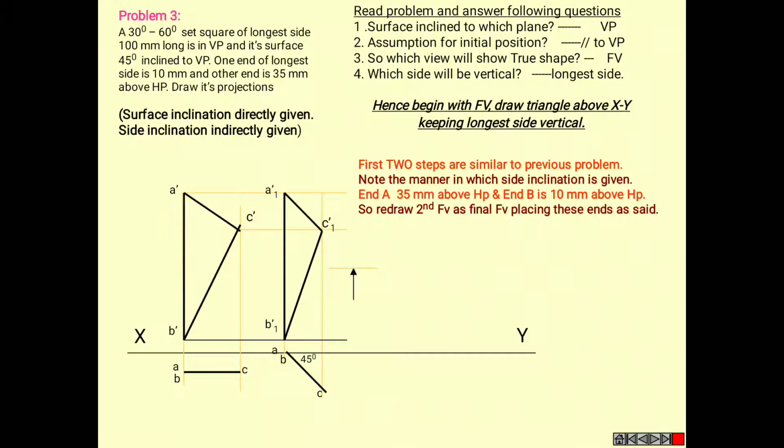So now set A1 dash 35 mm above, and where the end B is 10 mm above. So drawing A1 dash and B1 dash with the rest C1 dash.